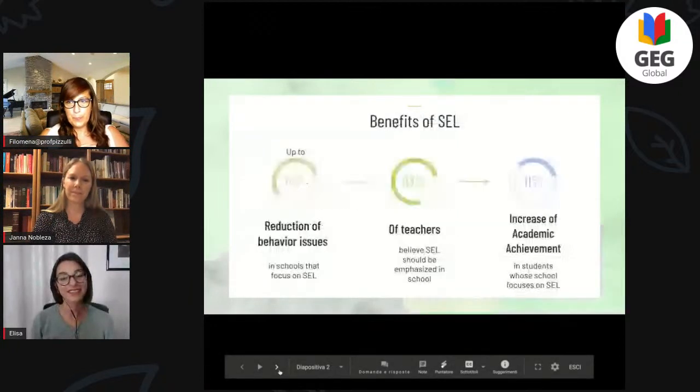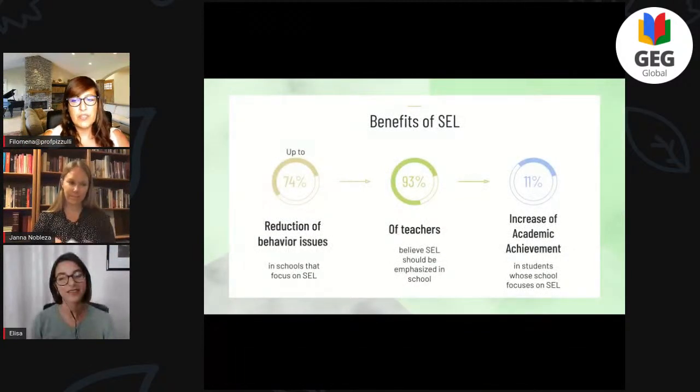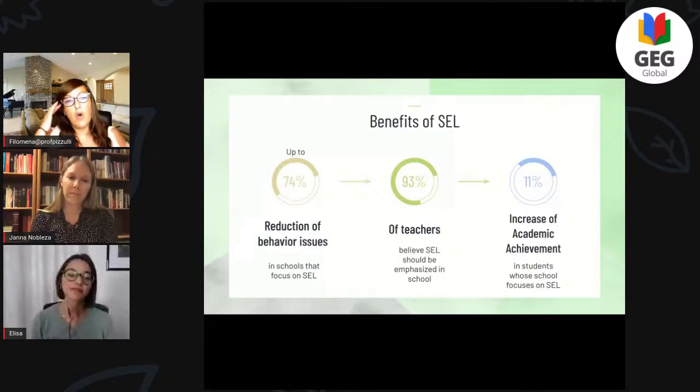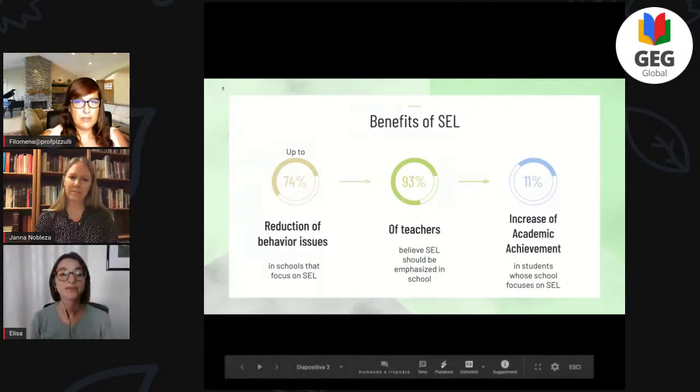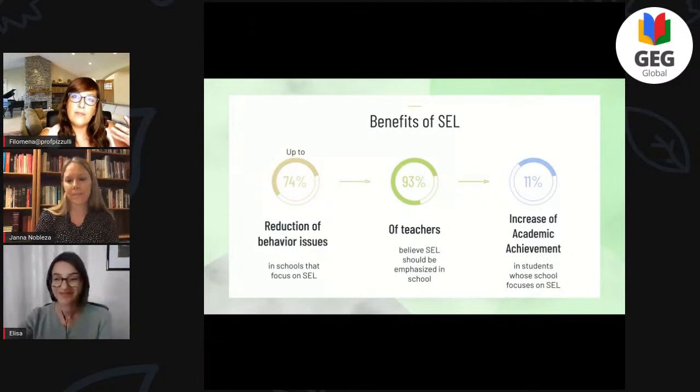So, what are the benefits of SEL? Reduction of behavior issues. Sometimes teachers feel overwhelmed in the classroom because the classroom is so loud and they have age or other health issues. And with SEL activity, we have the chance to improve the behavior of our students, to improve also their knowledge.